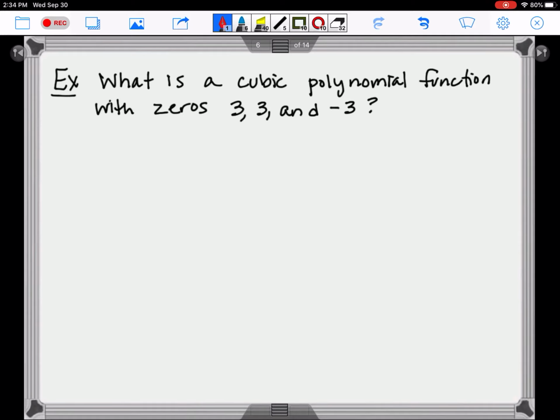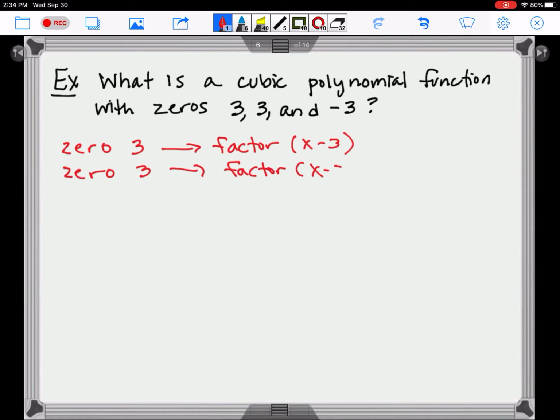Okay, so now let's take a look at a cubic that has 3 zeros. So this cubic function has 3 zeros. That means if I have a zero of 3, I'm going to have a factor of x minus 3. And if I have another zero of 3, then I'm going to have a factor of x minus 3.